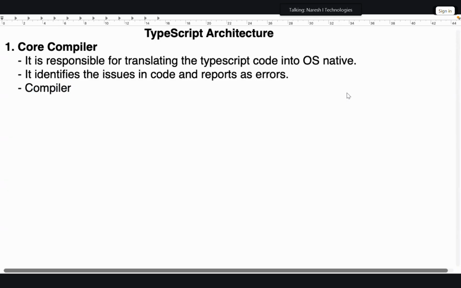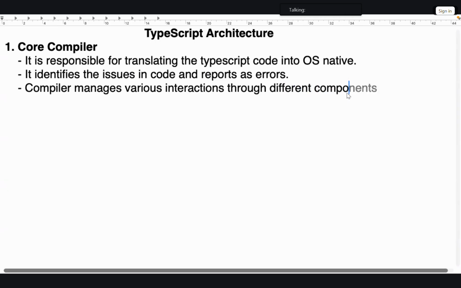The compiler manages various interactions through different components. So we have core.ts, which loads the core library required for the program.